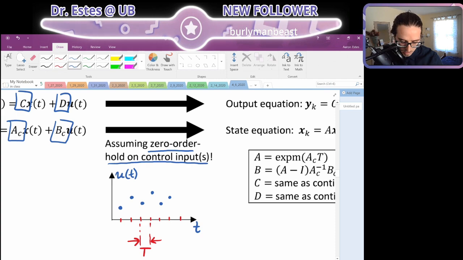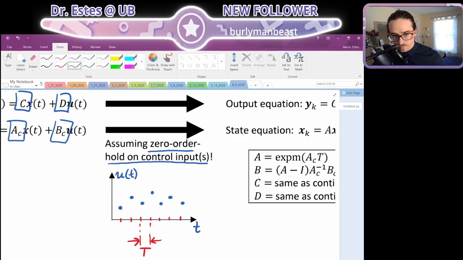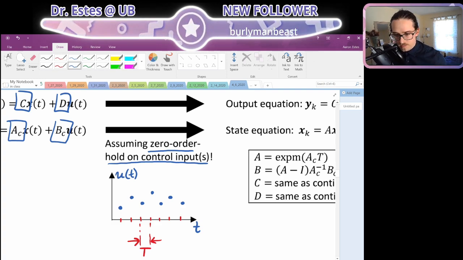So I'm just making up a control signal here. Our controller just spits out these discrete points. But what happens in between those points? So in practice, we build these things called zero order hold circuits.